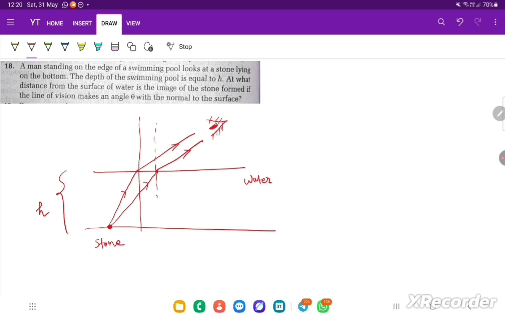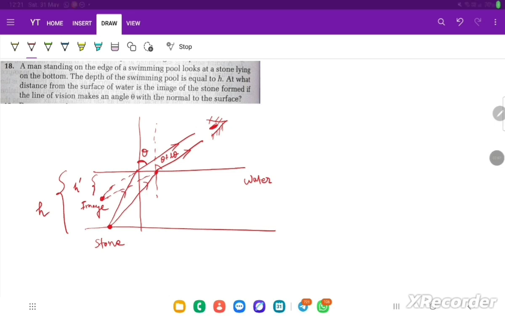If we extend these two rays, we'll get the image of the stone, and that will be the apparent depth. So this is the image, and this depth is h dash, the apparent depth, and we need to find h dash only. And this angle is theta, as said in the question, that we are observing the stone at an angle theta.